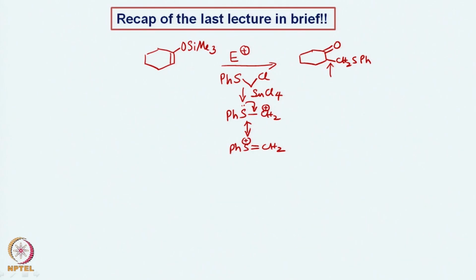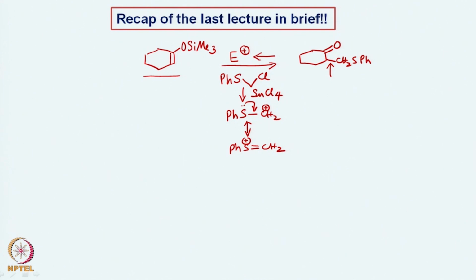Now, this is possible because the electrophile is very strong, but as a general rule enol silyl ethers are not very strong nucleophiles, they are weak nucleophiles, and therefore we need a strong electrophile to react with them.